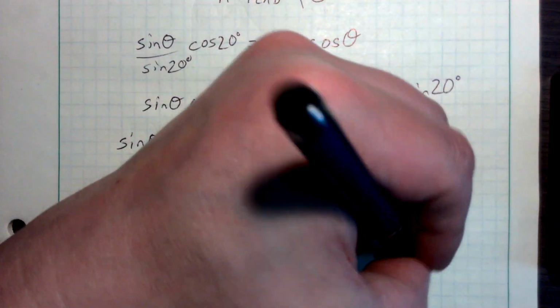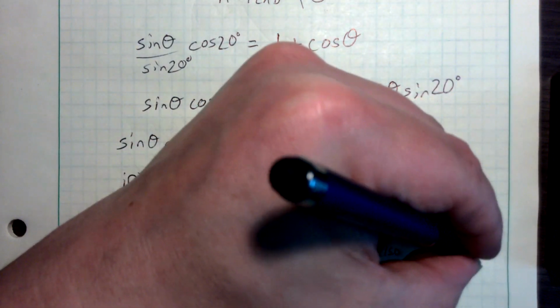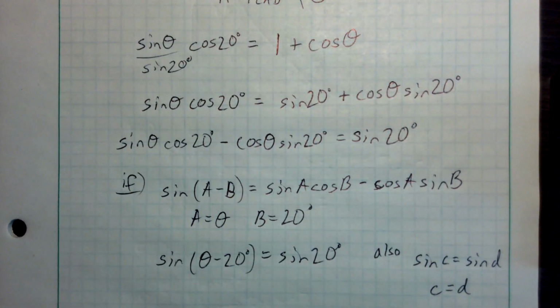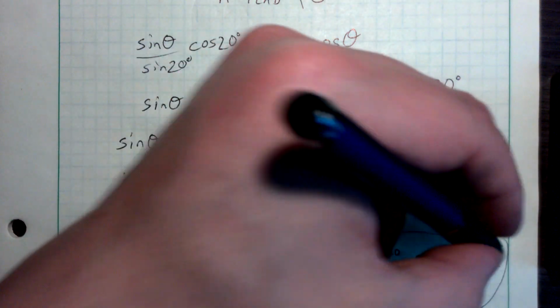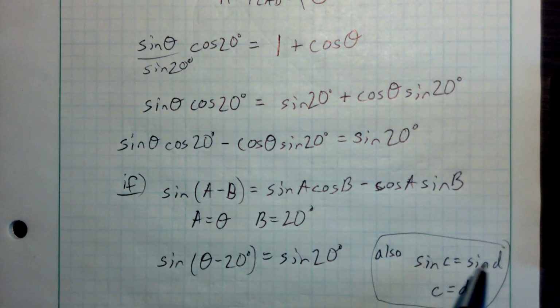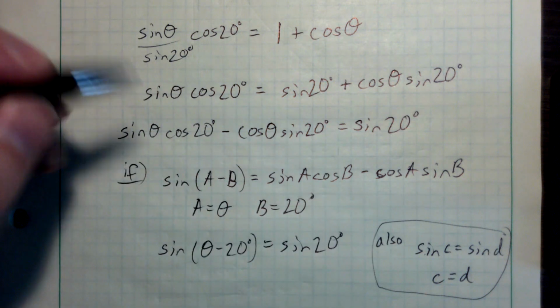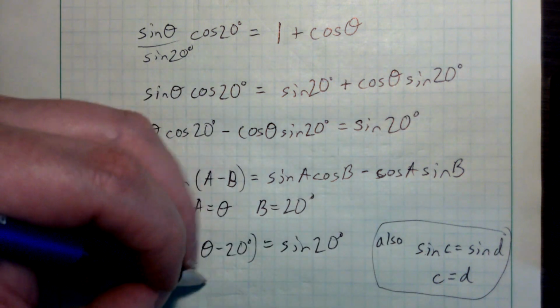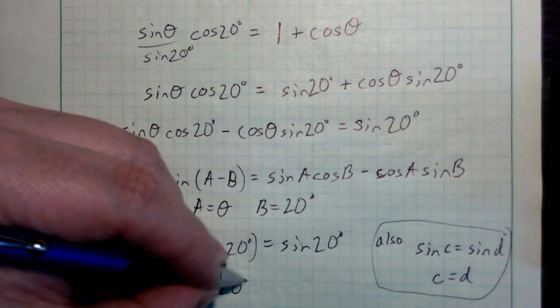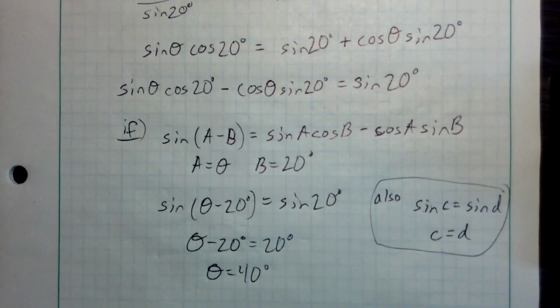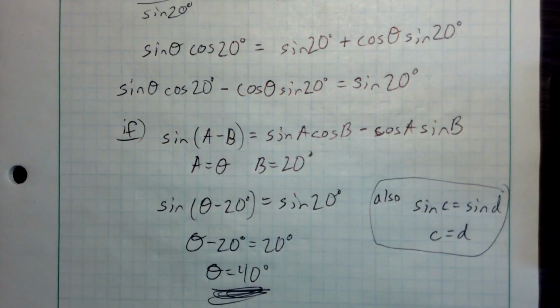Also, if the sine of C is equal to the sine of D, then C is equal to D. Another neat thing: if I've got a function equal to the same function with different arguments, then the arguments must be the same. It's a standard rule. It can be exponent, sine, logs, just about anything. Okay? So that means theta minus 20 degrees is equal to 20 degrees, or theta is equal to 40 degrees. Now theta's known, and that's one of the things the problem originally asked for. That's one of our answers. Okay, awesome.